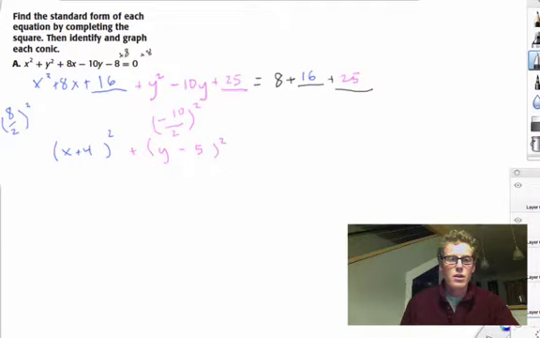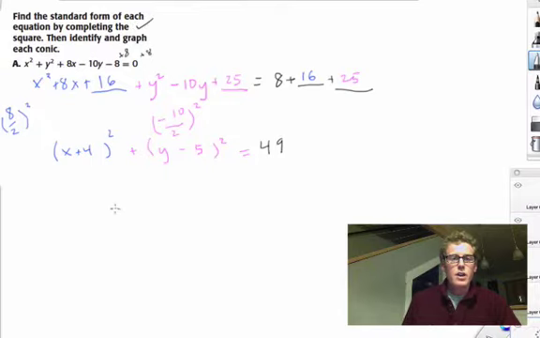And then this whole thing equals, well, 8 plus 16 plus 25. So what does that end up being? 49. There we go. Okay, so first part up here, completing the square, check.